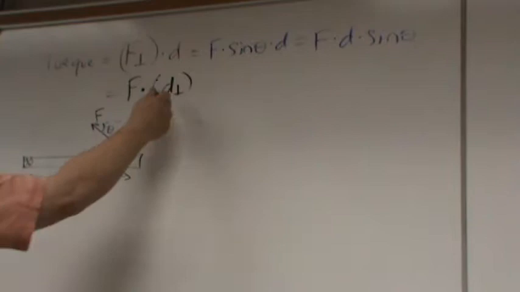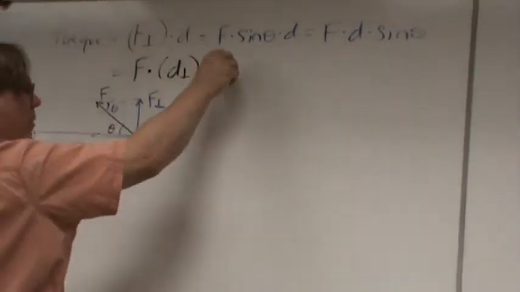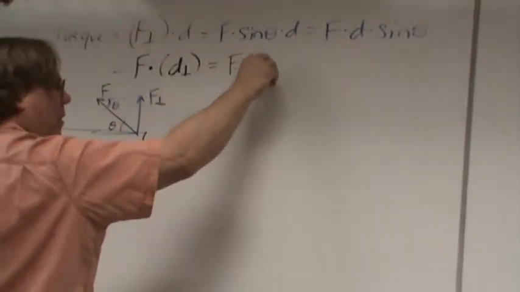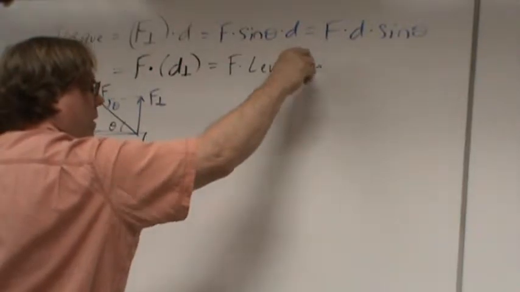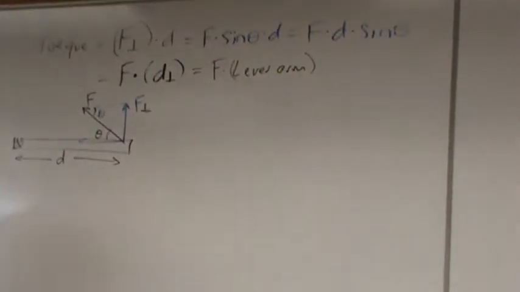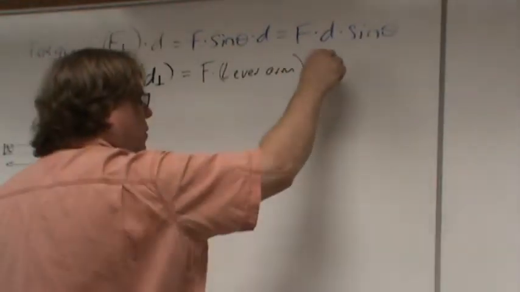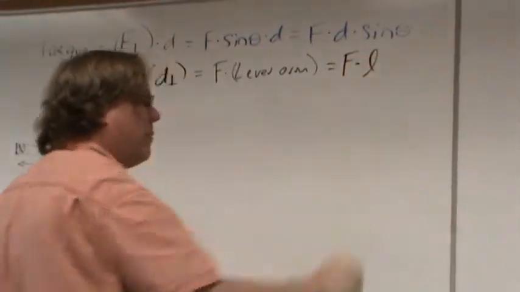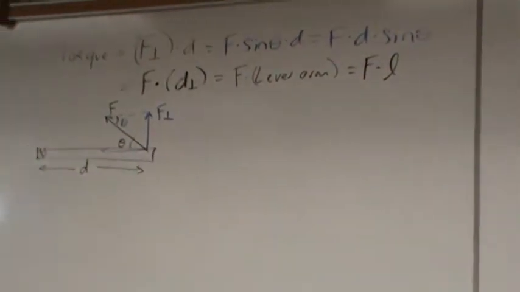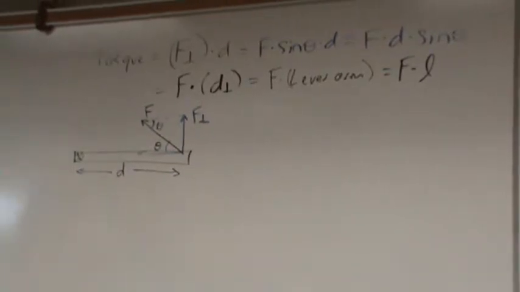That component of the door perpendicular to the force, we call lever arm. So torque is equal to force times lever arm, which usually gets written as a script letter L.